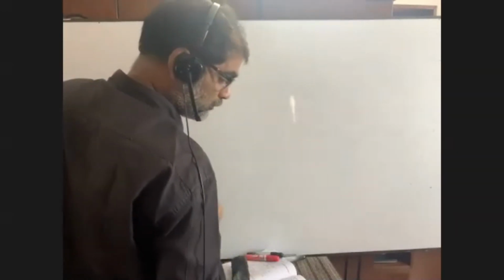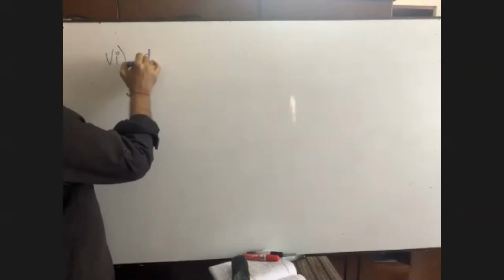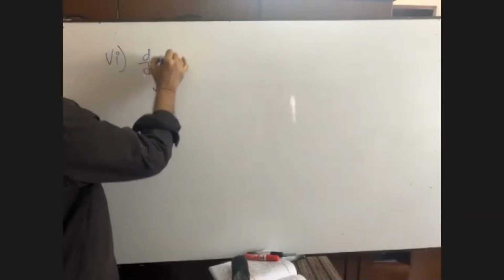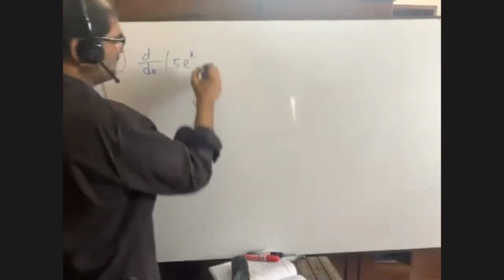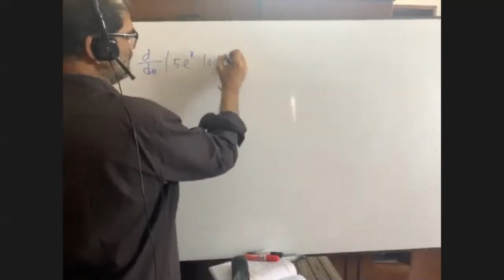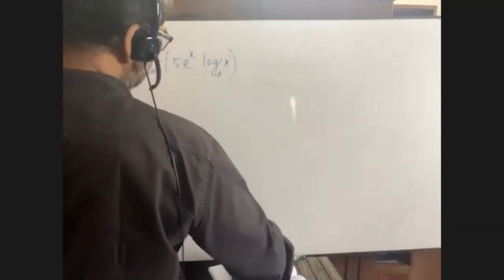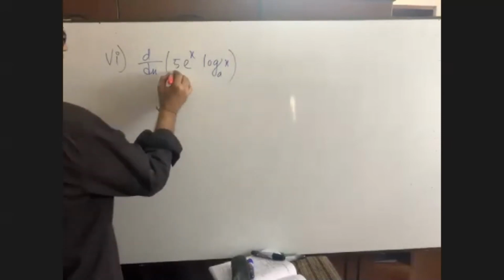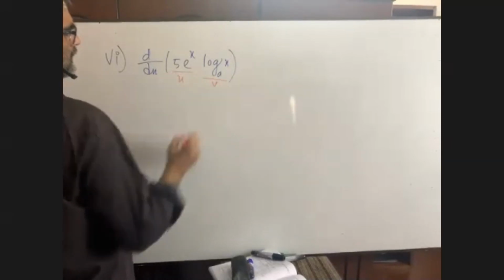Now we are going to do another math. Question number 6. d by dx of 5 e to the power x log a base x. What is to do here? As I told you, it is u. It is v. Please try to understand.